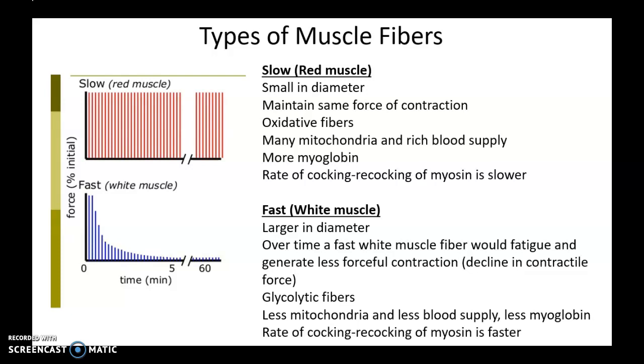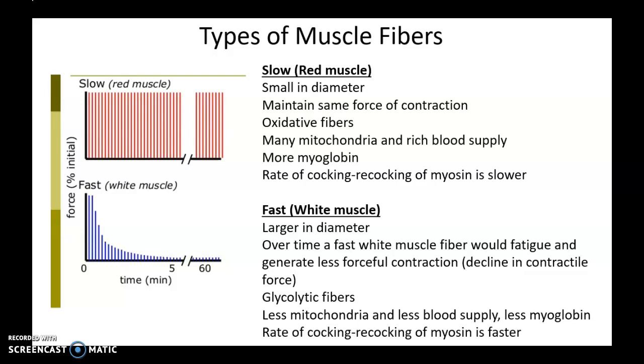In order to do this, they must have many mitochondria, a rich blood supply, and a lot of myoglobin. Now, what is myoglobin? Myoglobin is a protein within muscle fibers that binds and stores oxygen. Additionally, these fibers are small in diameter and have a slow cross-bridge cycling period.